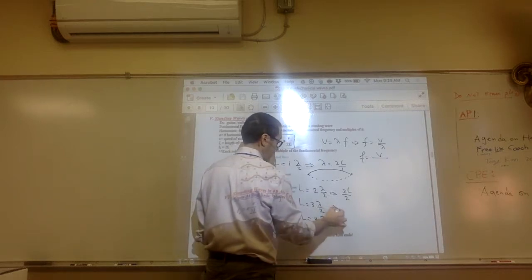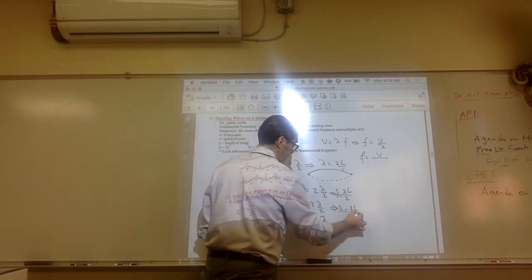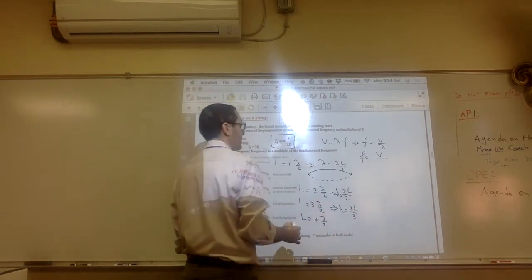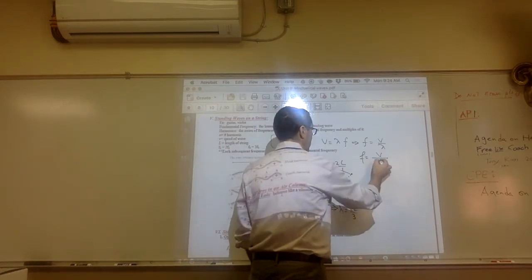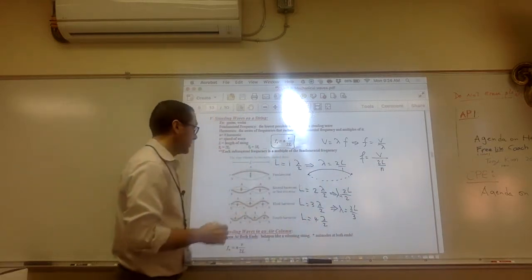Here, it's going to be 2L over 3. So this is basically going to be 2L over n, and n is the number of the harmonic.